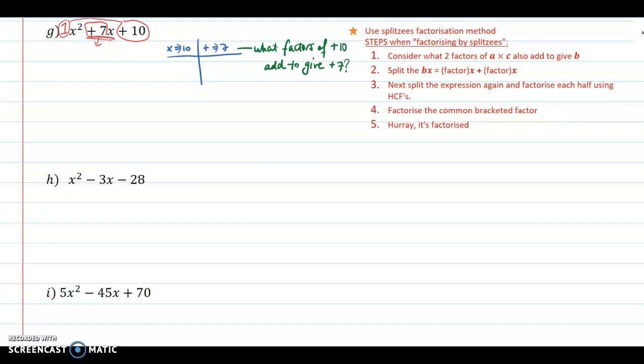So my factors could be 2 and 5, 1 and 10, and positive or negative versions of those, but let's just check and see if any of those factors of 10 add to positive 7. Straight away I can see that 2 plus 5 gives me positive 7, so I know that works.